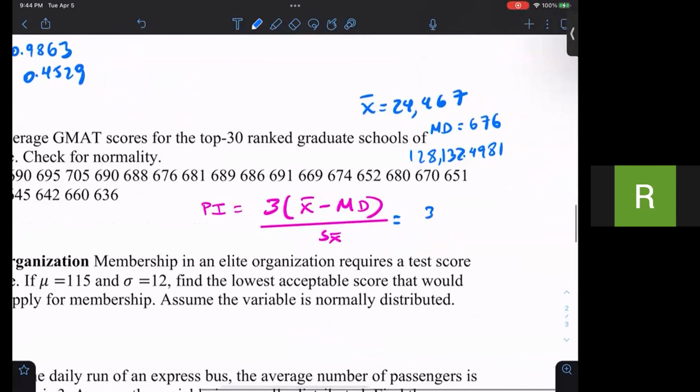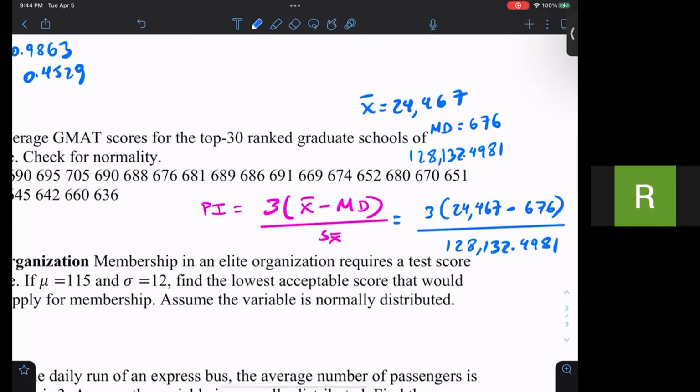So 3 times the mean, which is 24,467, minus the median, which is 676, and the standard deviation is 132.4981. So let's do that. 24,467 minus 676 times 3, divided by the standard deviation 132.4981.